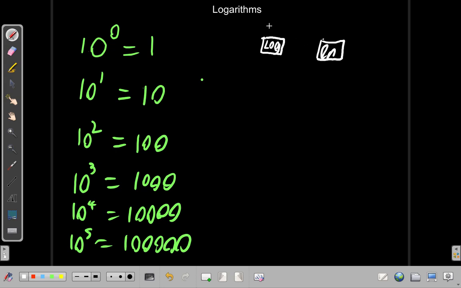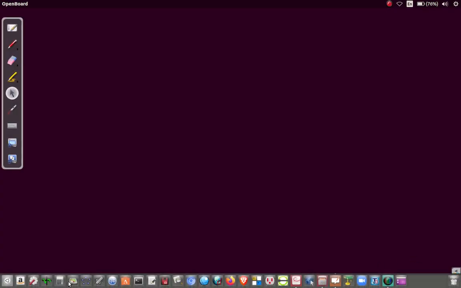Now, above LOG, you will see 10 to the power of X. So you'd have to press shift or second function to get that, the one above the button. Above ln, you see e to the power of x. We're going to look more closely at these later on, but let me see what my calculator looks like.